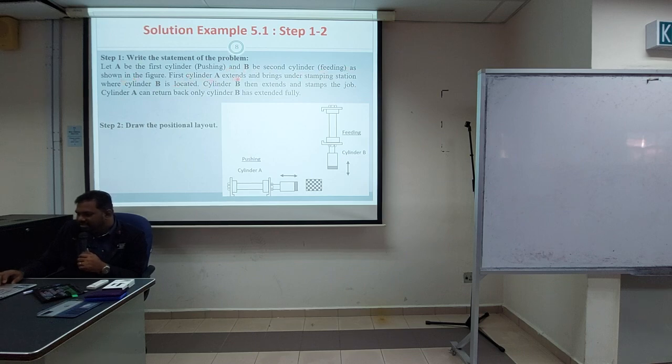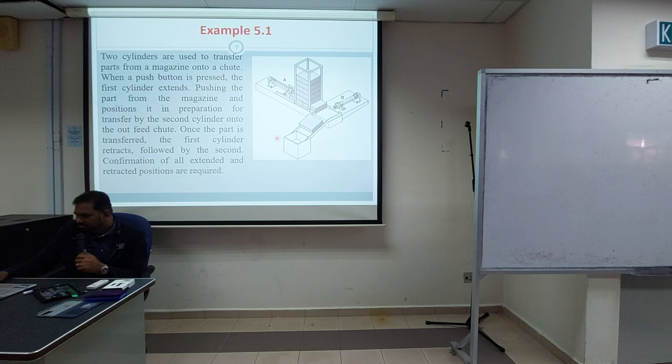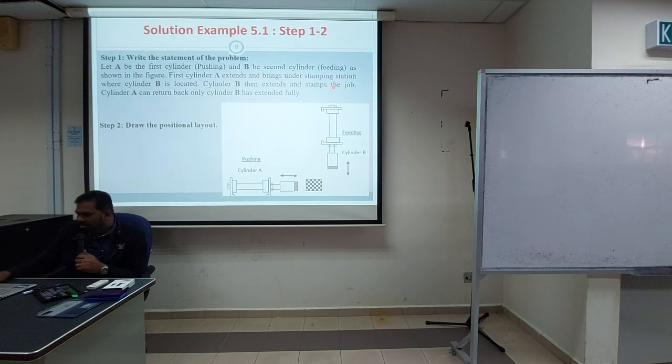First cylinder A extends and brings the job under the stamping station where cylinder B is located. Cylinder B then extends and stamps the job. This is a different one; this one is loading. But I think it's more or less similar. The description is a bit different because this one is still stamping.